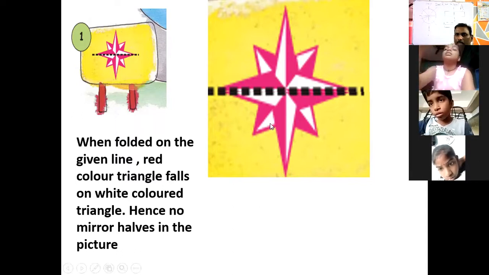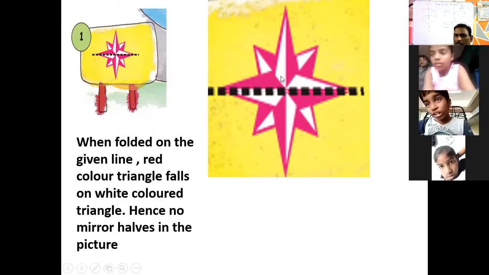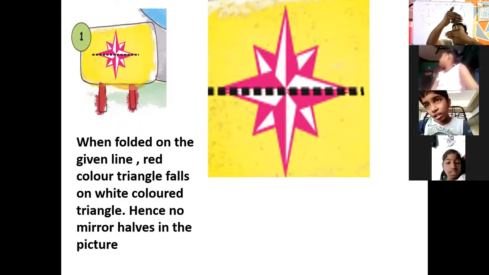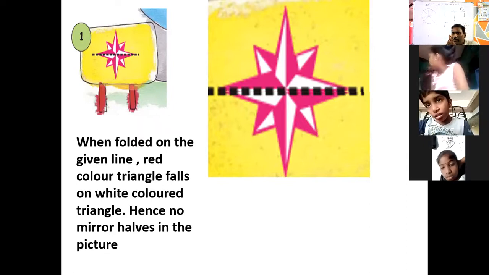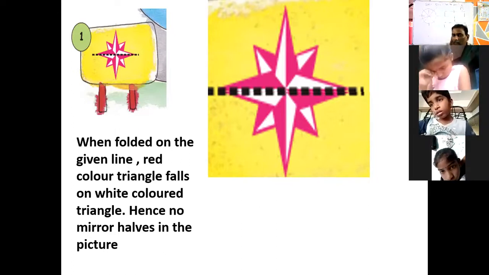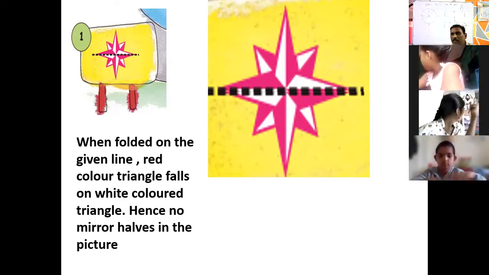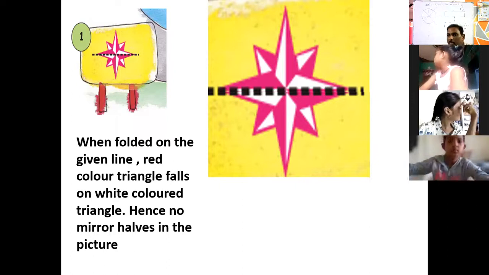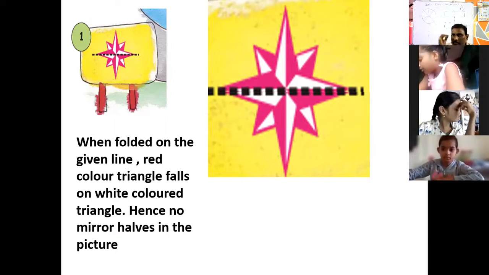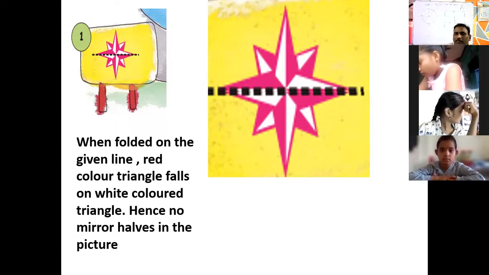Here you have red color, above you have white color. When you fold horizontally, below you have red and white combination, above white and red combination. This red goes on white. They are not exactly equal. Colors are different. It looks like they are the same, but they are not the same.